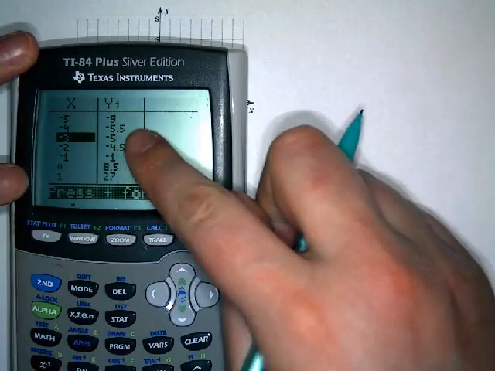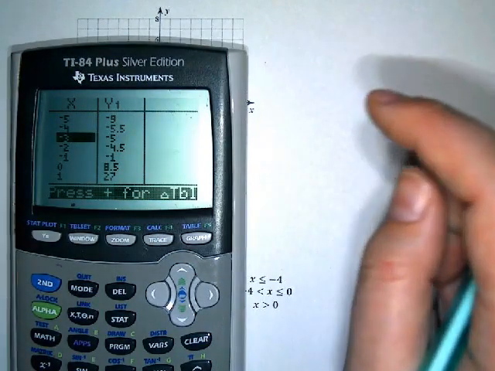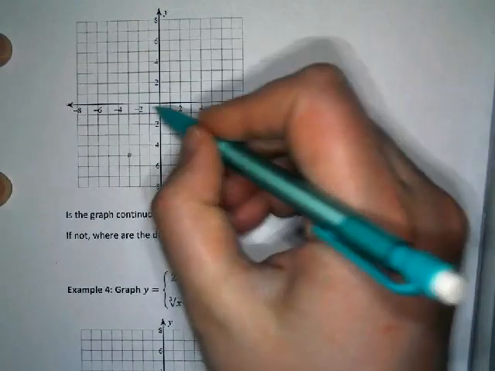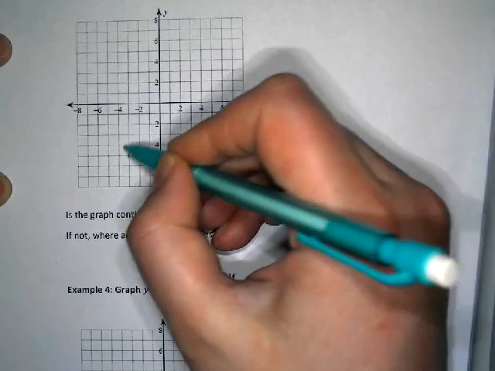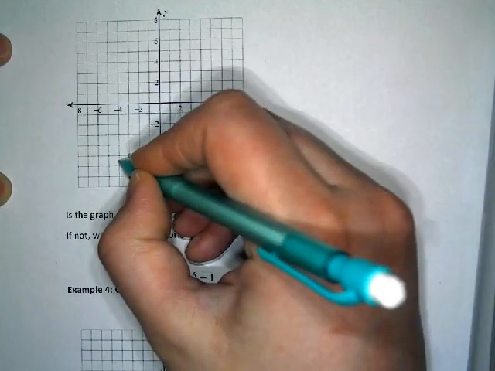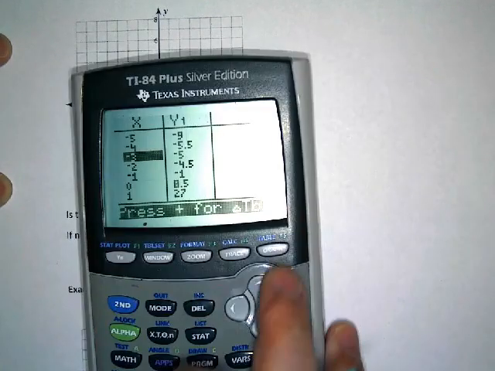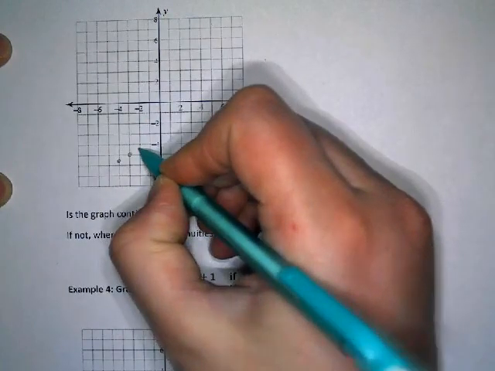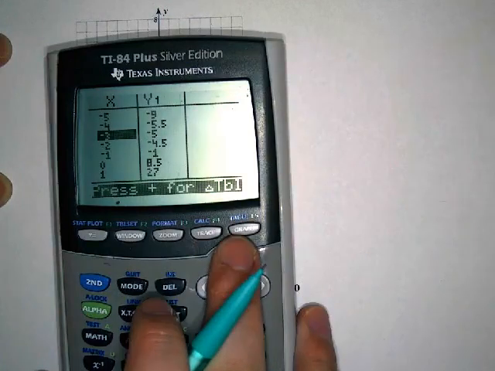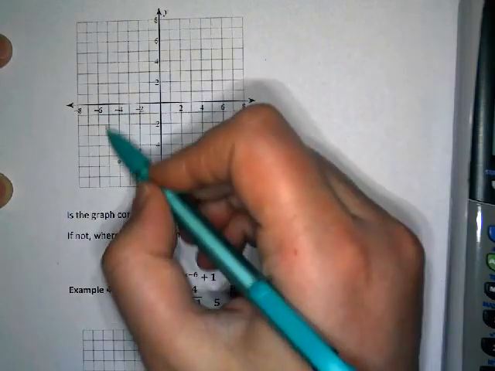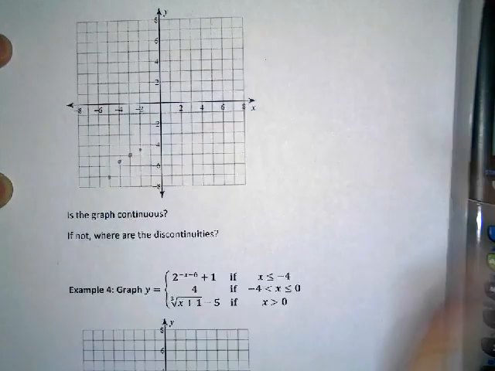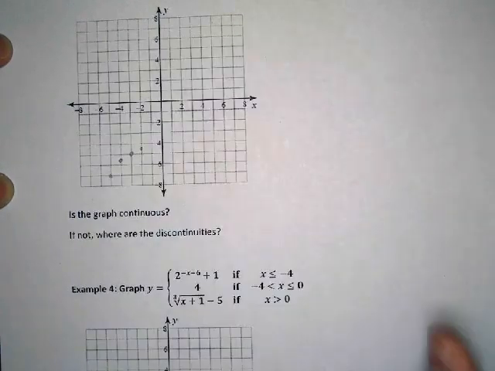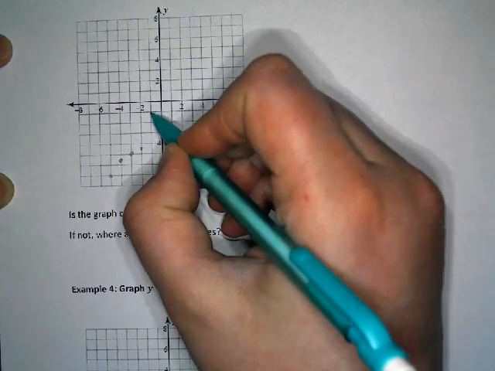So -4, -5.5. -2, -4.5. -5, -9. Negative 1, negative 1. 0, 8.5. Oh, too far.